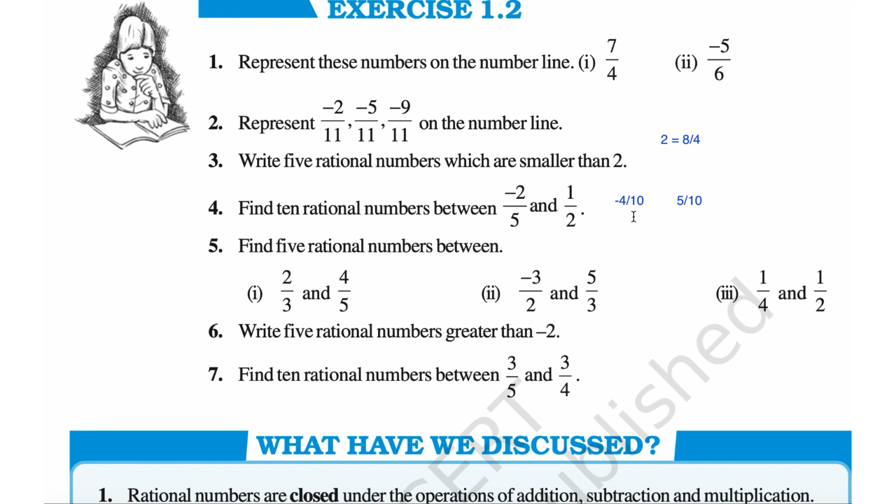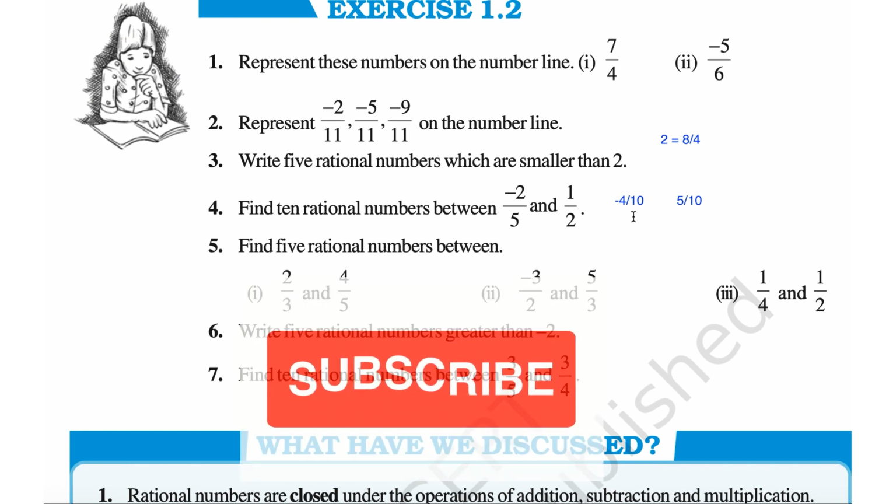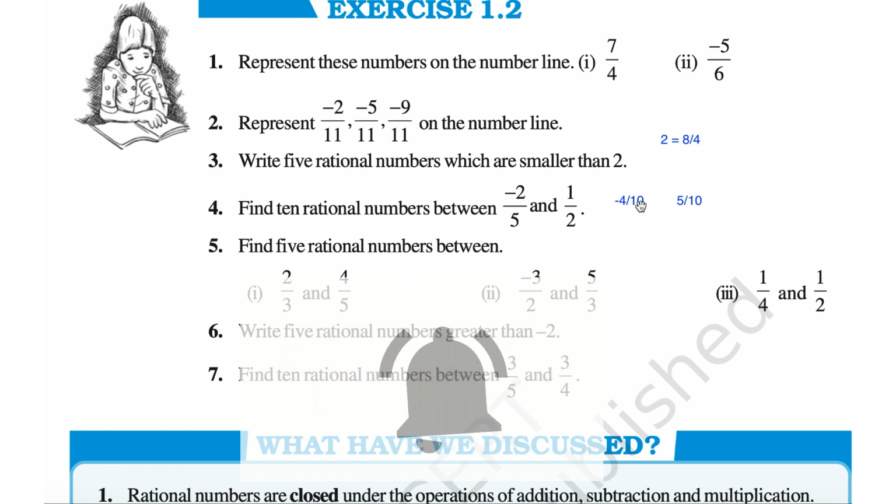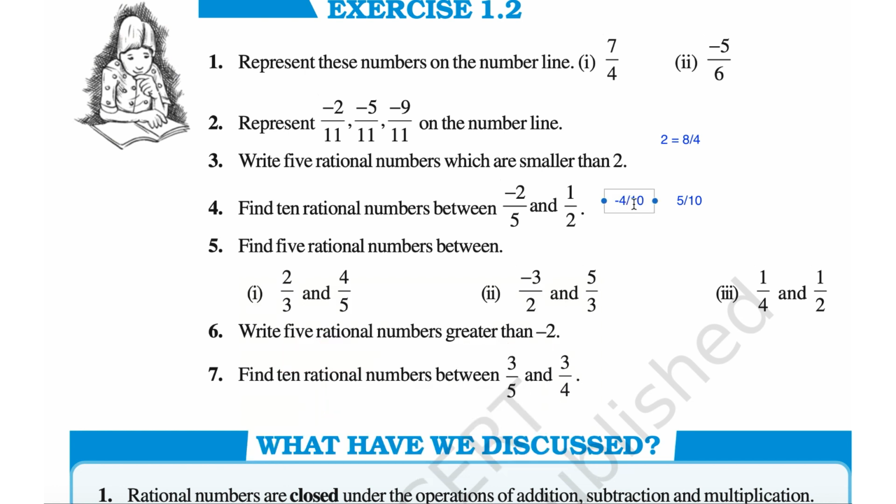Okay, how many did you get? You got only 8. How many do you need? You need 10. 2 more are required, right? Okay, no problem. Then multiply by 2 on both numerator and denominator. You can double the count.